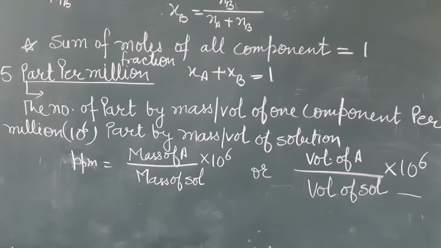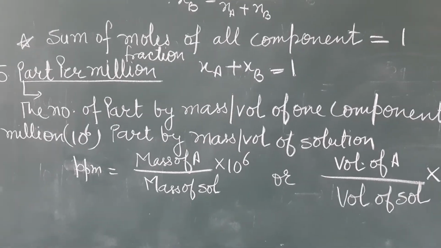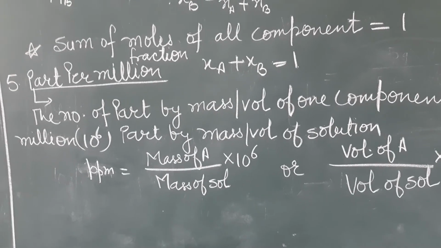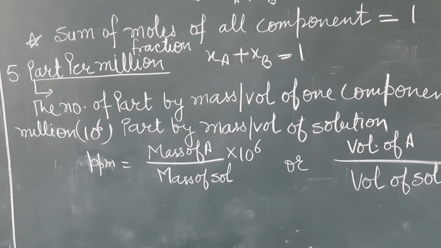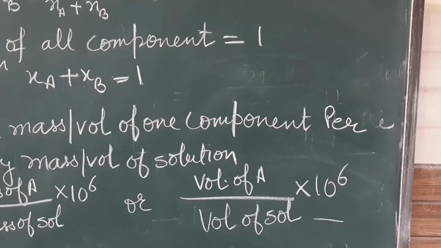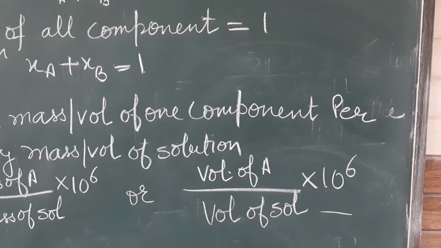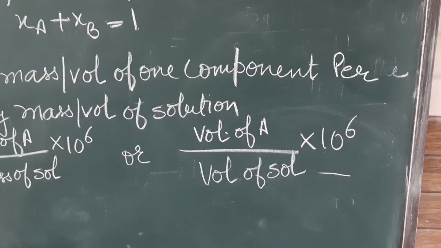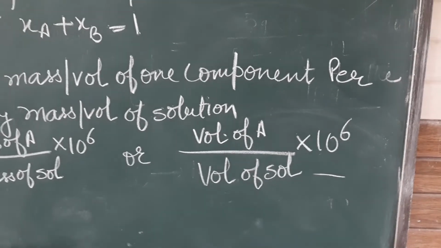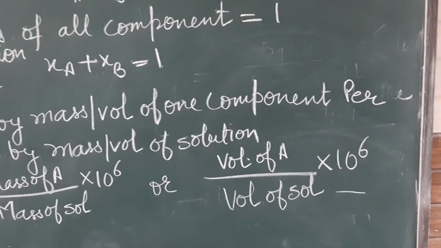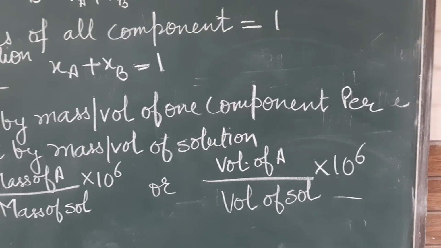It means part per million can be calculated in terms of mass, that is mass of A component divided by mass of solution into 10 raised to the power 6. In terms of volume, volume of A component divided by volume of solution into 10 raised to the power 6. From this calculation, we can calculate part per million in terms of mass and in terms of volume.